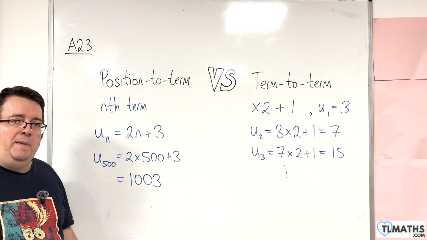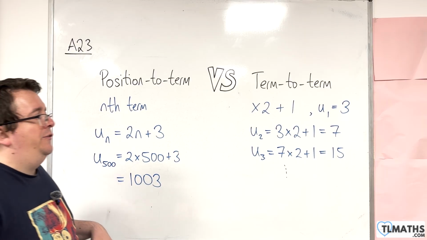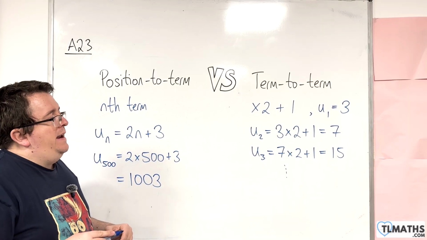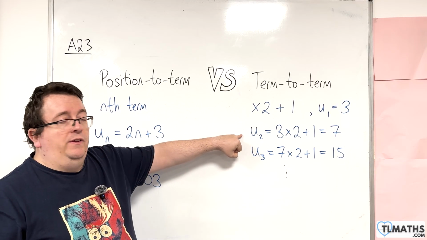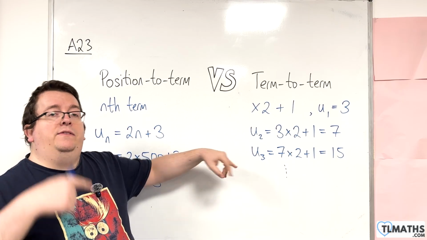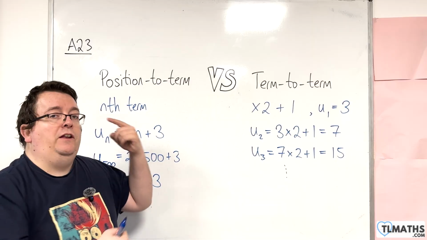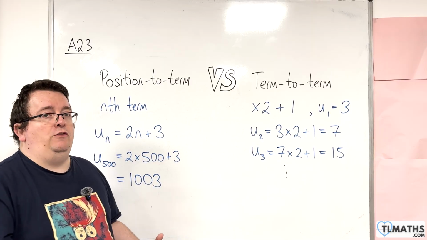But if you asked me to work out the 500th term in this sequence, if this is all I've got to go by, then I need to first of all work out what the second term is, then I need to work out the third term, then the fourth term, then the fifth term, and so on and so on, until I arrive at the 500th term.